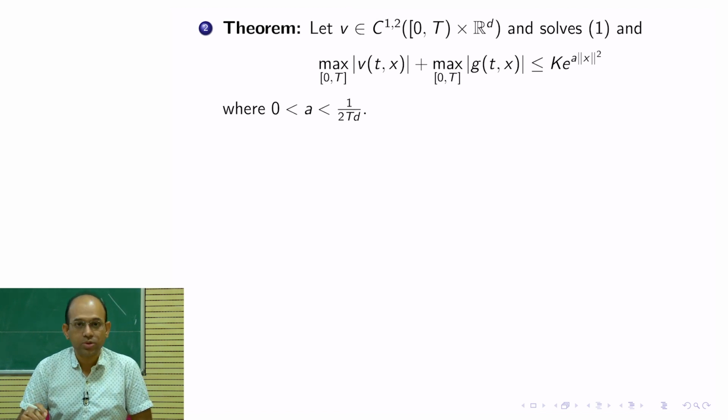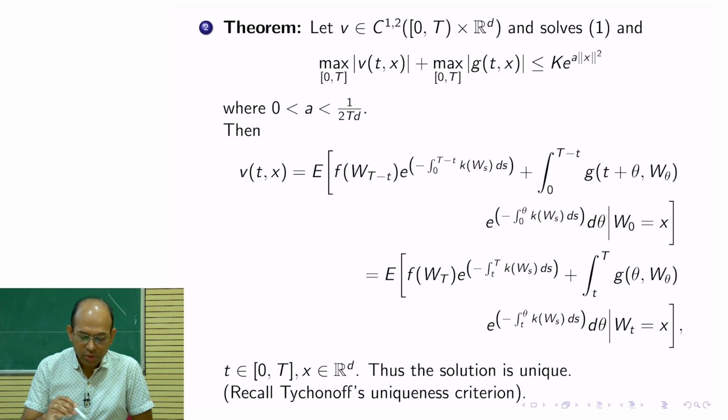This is the solution space we are looking at, and the theorem says that if that is the case, then the solution v can be written as a conditional expectation of some function of Brownian motion. Let us read this.